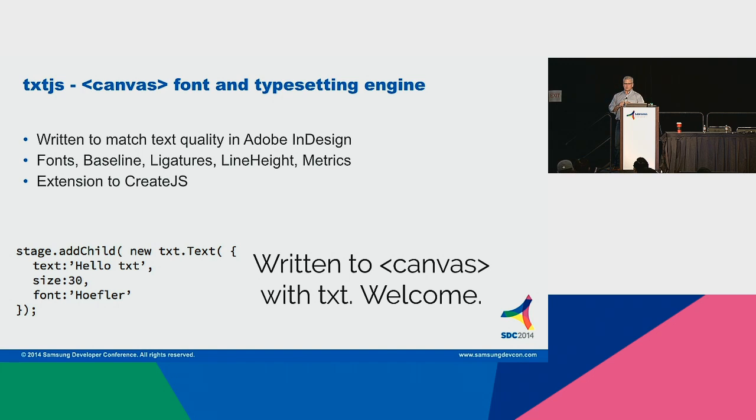So you can do tons of interesting things, like put characters on paths. You can do characters that don't have word wrapping, that have character-based wrapping. This is how you'd instantiate the code. Stage, add child, and then you create a new instance of text. You set the properties, and it will load the font in the background and render out to screen.